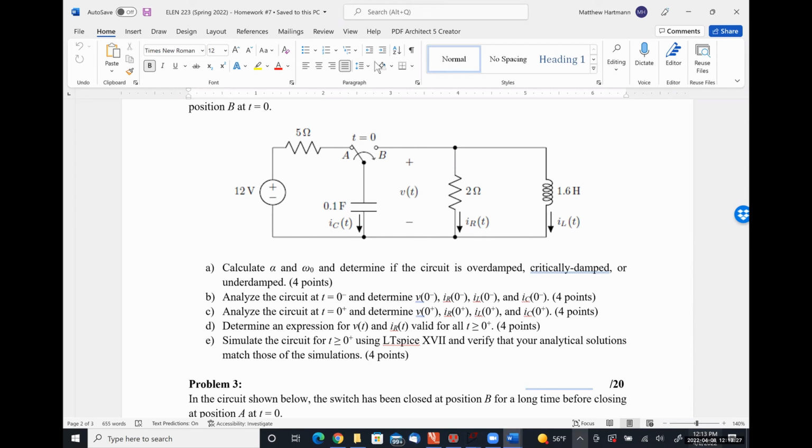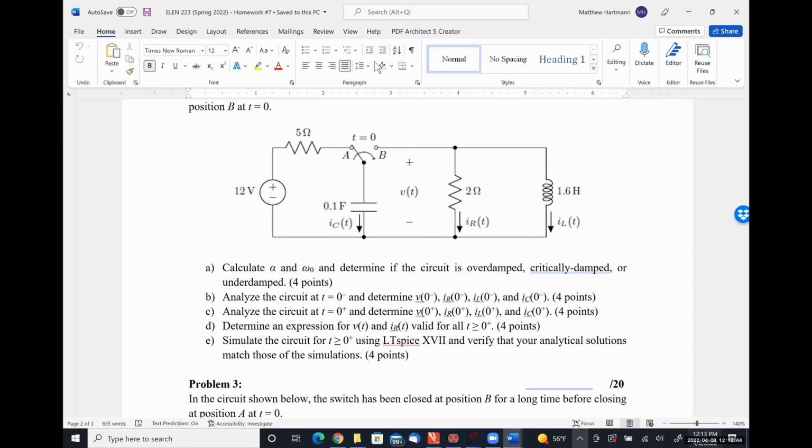KCL, KVL, Ohm's law are absolutely always applicable in all of these circuits. So just whatever is the easiest way for you is a perfectly fine way to do it. I try to do the ones that involve the least amount of work because I'm very lazy.